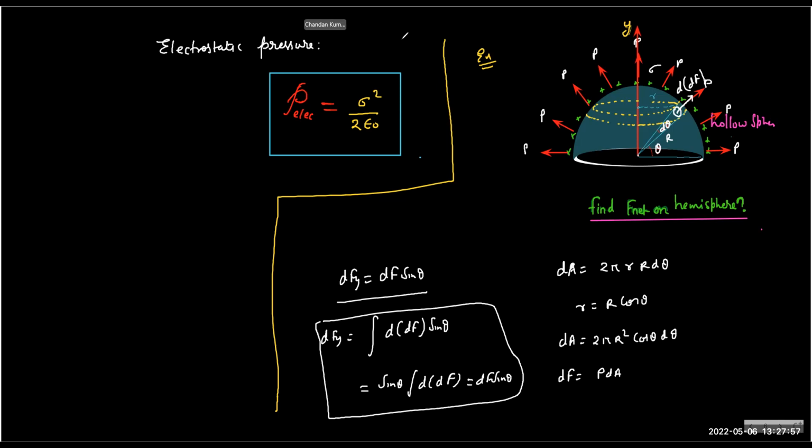Actually, it applies for the closed surface. But here, assume this situation and then try to answer. That's a really nice question. Can we apply it for the open surface? The answer is no. We can apply it only when the field in the volume is 0.